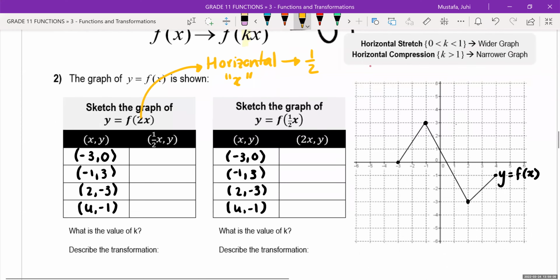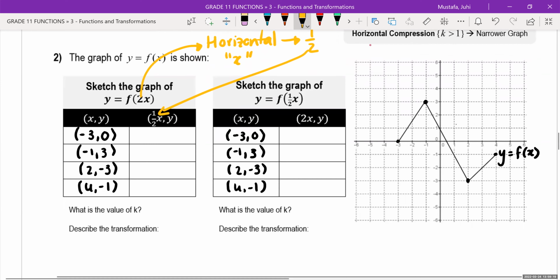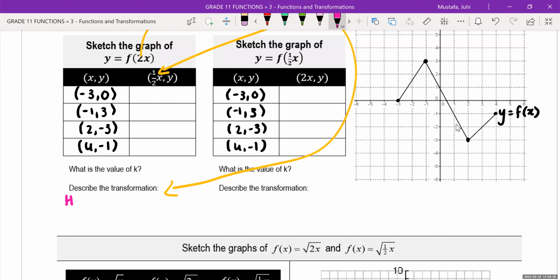You are then going to use that number, a half, for your mapping coordinates, which means you're going to multiply your x value by a half. And you are going to use the half to describe your transformation. This means when I'm describing this transformation, I am going to call it a horizontal.